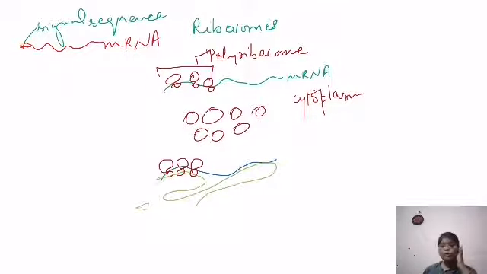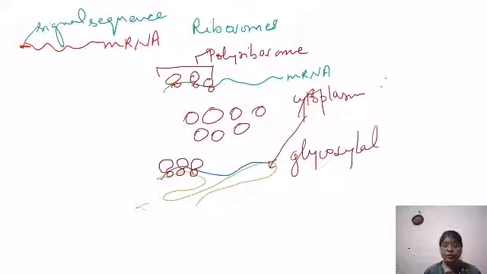So what do we find? Even the proteins which are formed in the cytoplasm also move to the endoplasmic reticulum, if they have to be glycosylated, or if they have to be secreted or transported out.